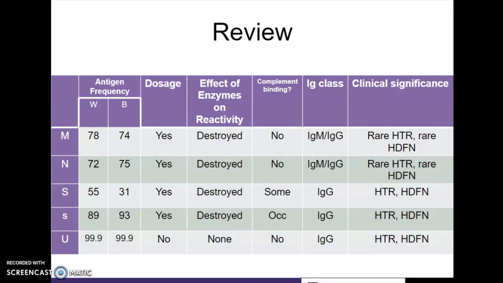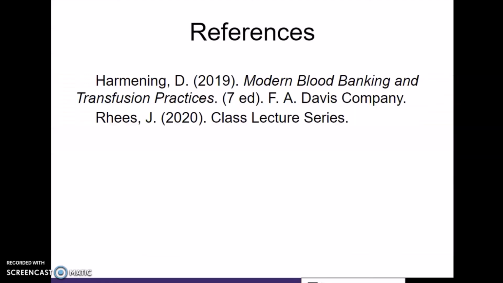Other things to note on here is complement binding. Remember, it's big S and little s that bind complement. For IgG class, big S and little s can be IgG or IgM, but they're usually IgG, which is why I put that. And then remember which antibodies can lead to severe reactions.